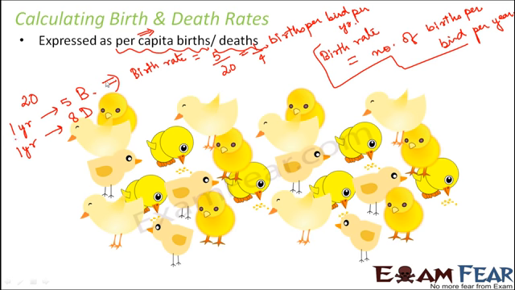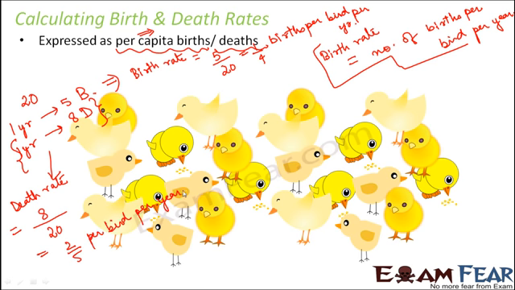Similarly, if I say that in 1 year 8 deaths have occurred, how do we calculate the death rate? Death rate would be equal to the number of deaths per bird per year. So how many deaths? 8 deaths. But how many total birds were there? 20. So 8 divided by 20, which will be 2 by 5. So basically 2 by 5 death rate per bird per year.